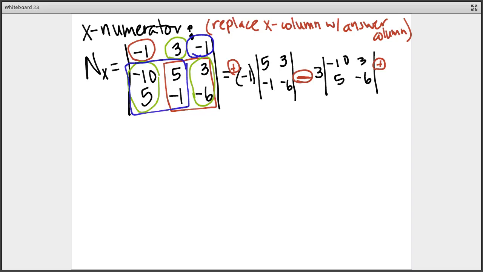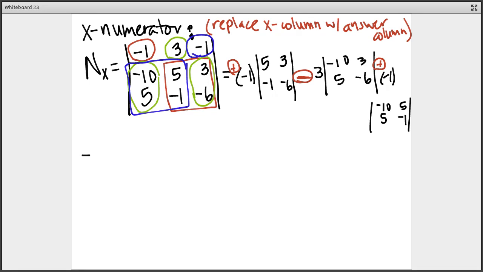So that'll be a negative 1, and then times, oh, I didn't leave myself enough room. Okay, I'm going to write a little bit below it. And then it'll be negative 10, 5, a 5, and then a negative 1. Sorry about that. I wrote my numbers too big on the first step.